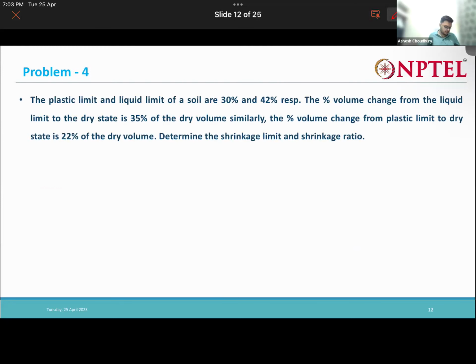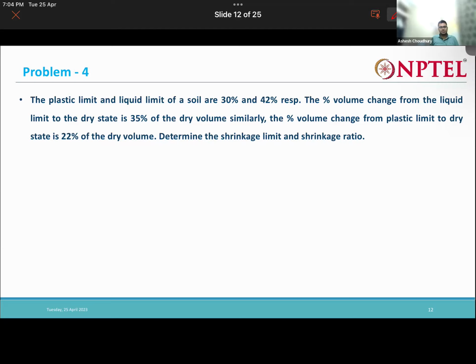So let us now move to the other problems. We are just moving to the first chapter, that was our index properties and soil properties chapter. The plastic limit and liquid limit of a soil are given as 30% and 42%.